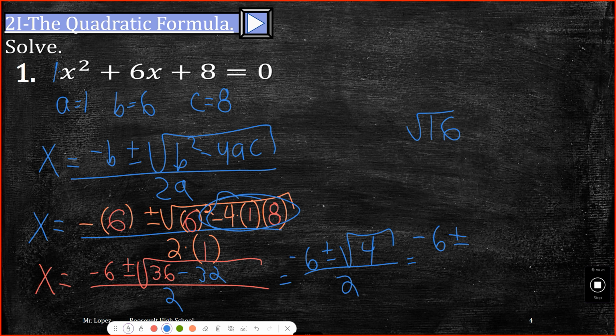The answer is: the square root of 16 is 4, not this. The square root of 4 is 2, over 2.